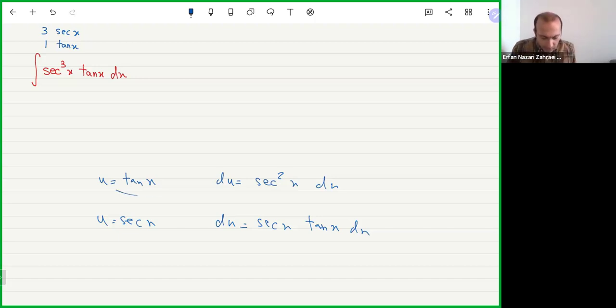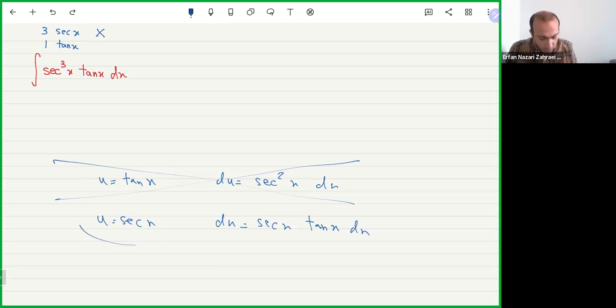So in the derivative of tangent, I have an even number of secant. So an even number of secant is good for me. Do I have an even number of secant? No, I have an odd number of secant. So that's bad, and I can't use this substitution. That means this is cancelled.